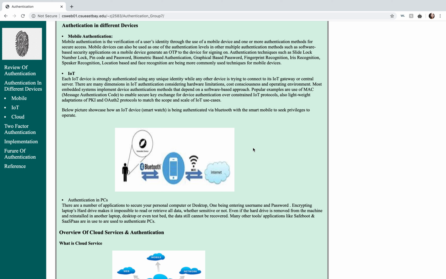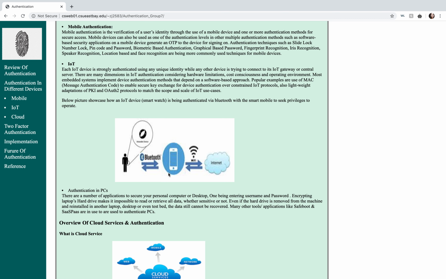Popular examples use a message code sent via a network channel, or physically towards a network channel. The picture below shows an IoT device, a smartwatch, and how it is connected to the smartphone via a Bluetooth channel and authenticated in order to connect to the network.